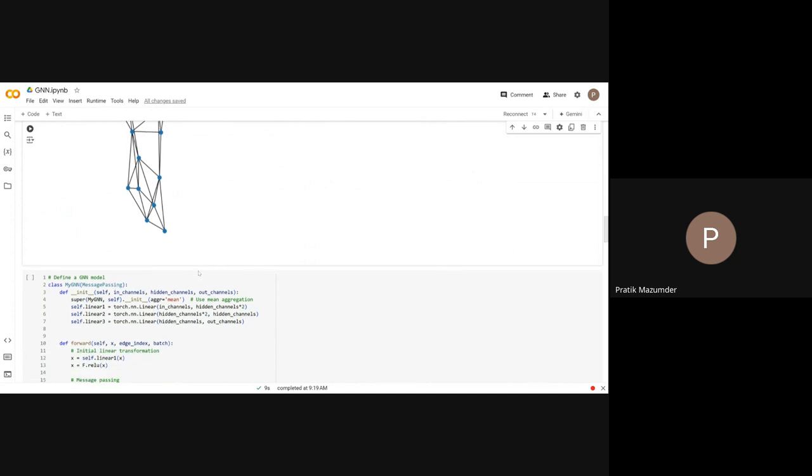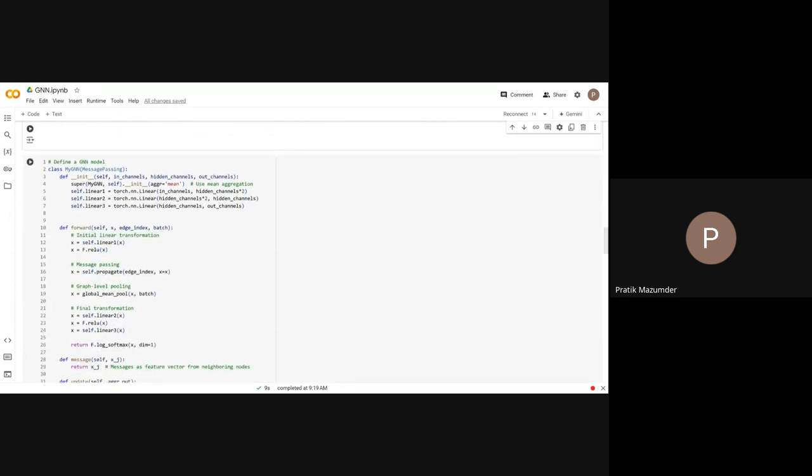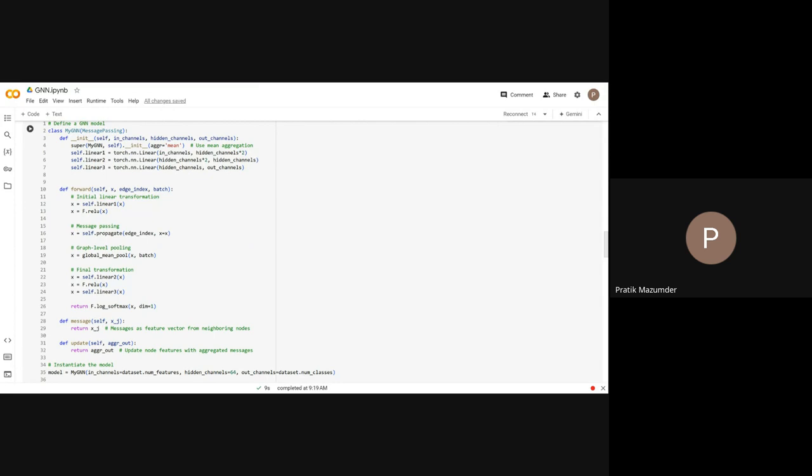Okay. Right. So in this particular setup, this is the network that has been defined for this GNN.